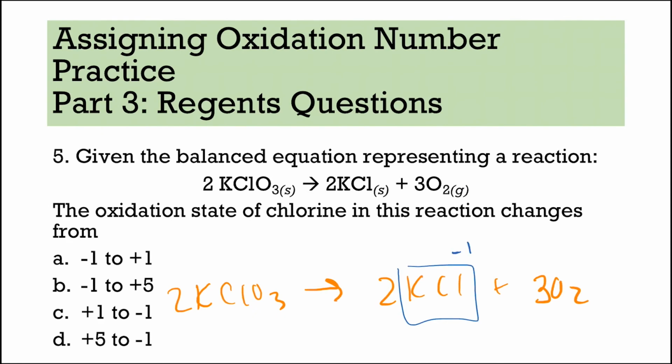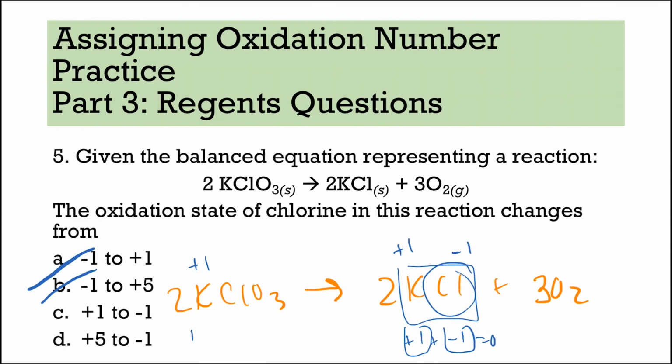K is always plus 1, which means we know chlorine has to be minus 1. So you get a total plus 1 here, minus 1, you get 0, which is good. So we know that chlorine is going to end with a minus 1 charge. So right off the bat, we can get rid of A and B. Looking at this one, again, we know K is always positive 1 because it's in group 1.